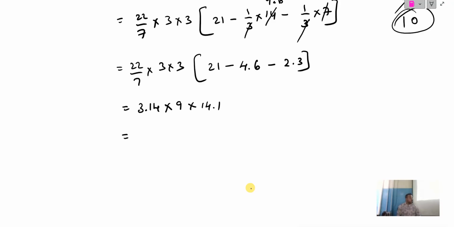It is 398.46. So that is the volume of the remaining portion in the cylinder. Volume of the remaining portion in the cylinder is 398.46 centimeter cube.